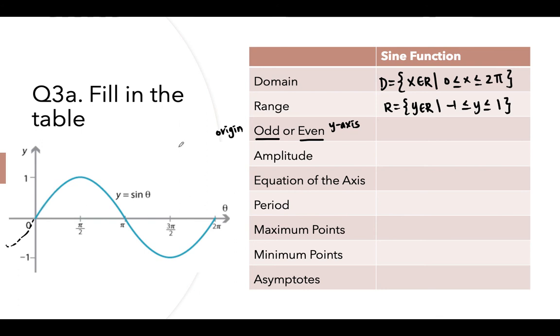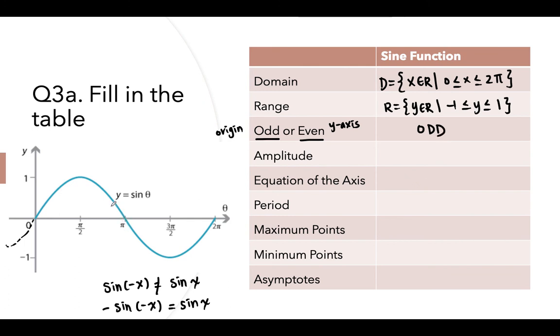Another mathematical, algebraic way to figure it out is you could plug in sine -x and see if you get sine x, which you don't. But if you were to get negative sine -x, you do get sine x. Okay, so it is an odd function.